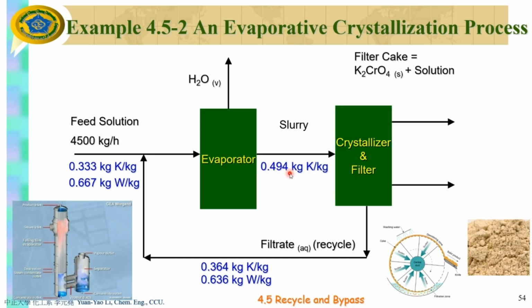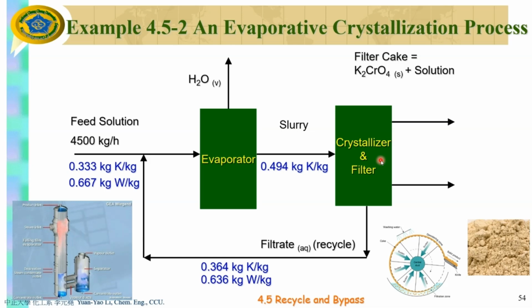Right? And this stream is fed into the crystallizer and filter. So this stream is fed into the crystallizer in which it is cooled, causing the crystals of the potassium chromate to come out of the solution and then filtered. Right? This is filtered.